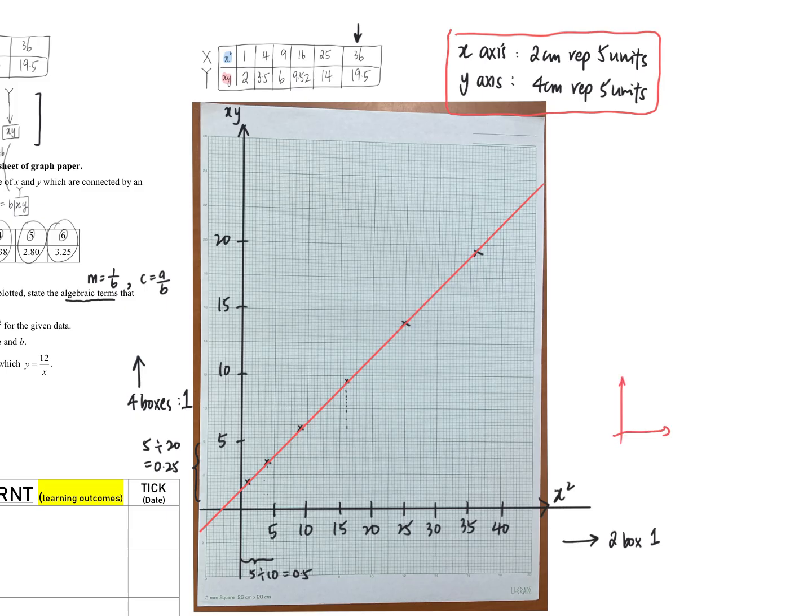Then it's not a suitable scale. Make sure you widen your graph. If they don't give, it's up to you to determine, but make sure it's sensible, not very small. Big enough so that it's easy for you to read your answers.